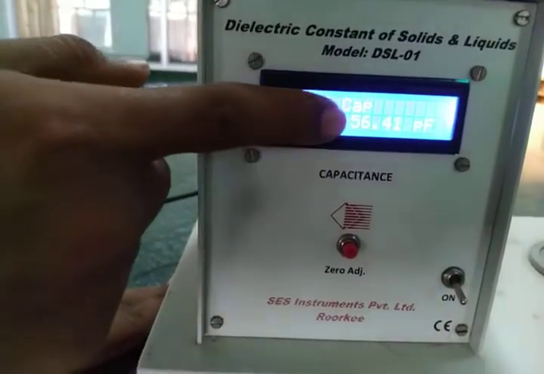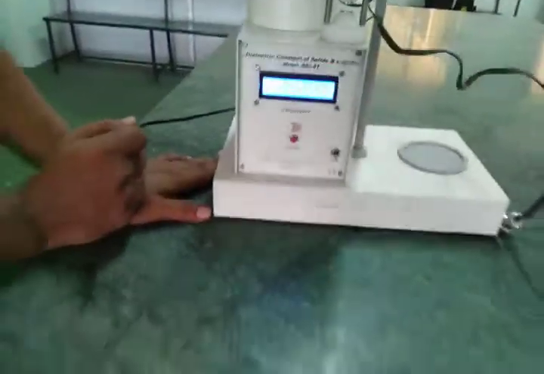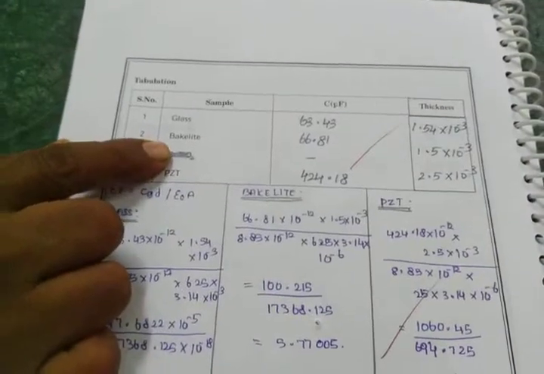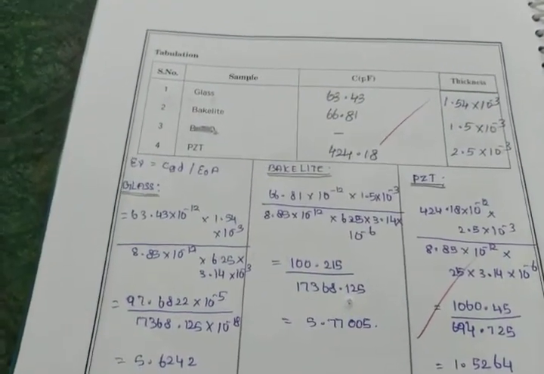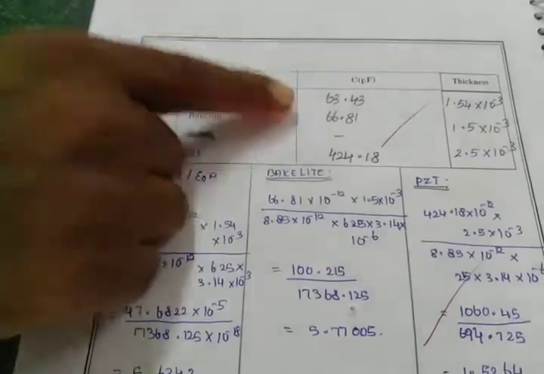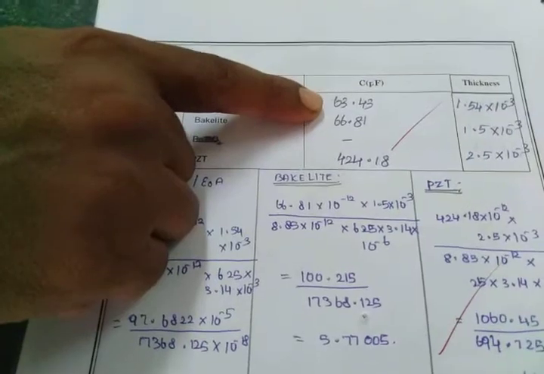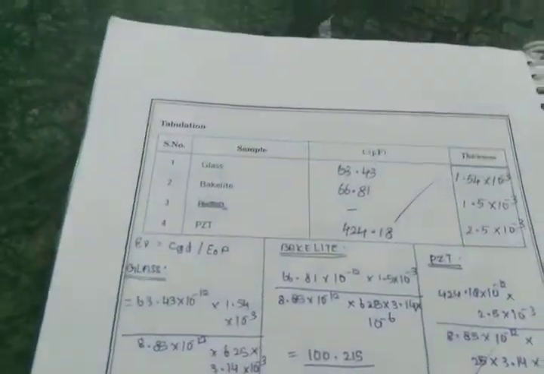For glass it is about 56.42 picofarad. I am going to note it down here in this tabular column. It is already a filled tabular column. For this one, the capacitance value comes to around 63.43 picofarad.